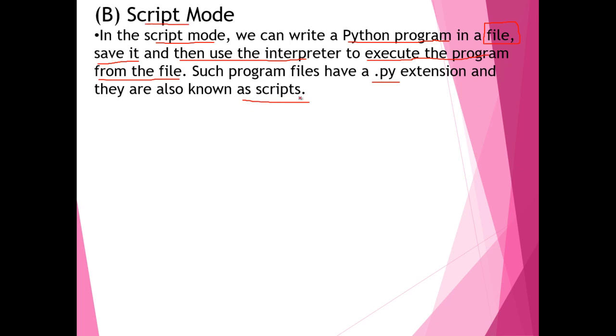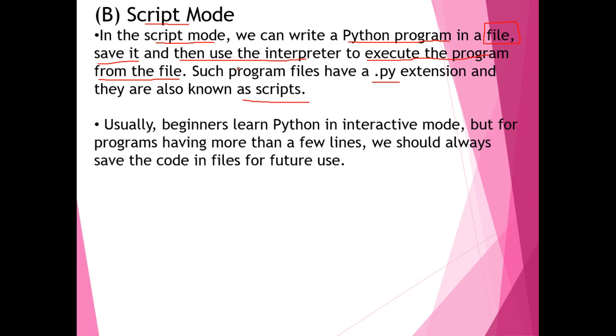All right, now the second point is that usually beginners learn Python in interactive mode. Why interactive mode? Because as I told you, interactive mode is very convenient and easy to test a single line of code. So you can simply test each and every line in this interactive mode very easily.